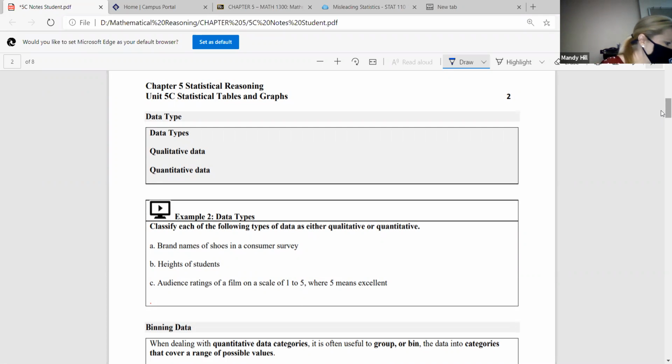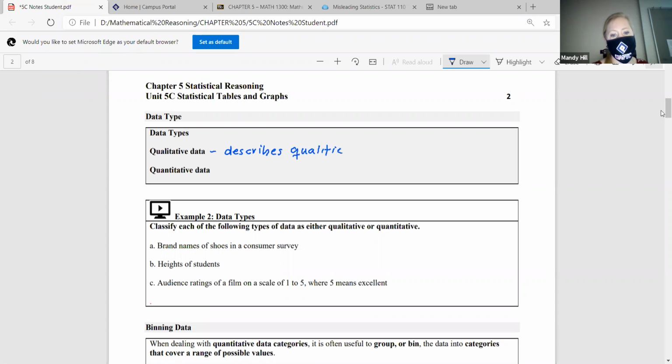So it describes qualities or characteristics. What color eyes do you have? I'm just going to say non-numbers.